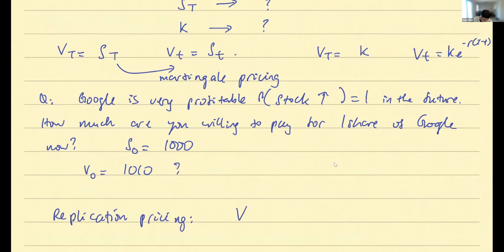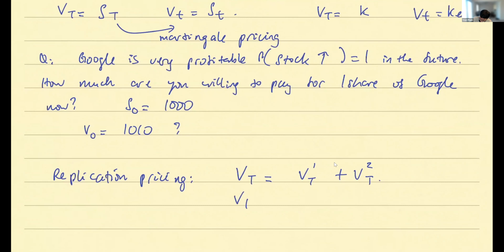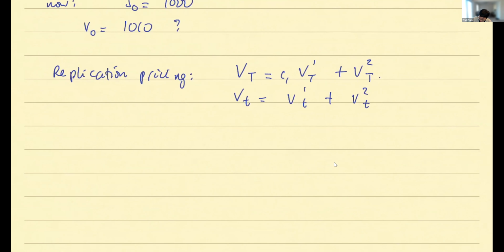If I have a financial product that can be replicated by two simpler products, then the price at any time before that should exactly match like this. And you can throw in many shares as well if you want, C1, C2.